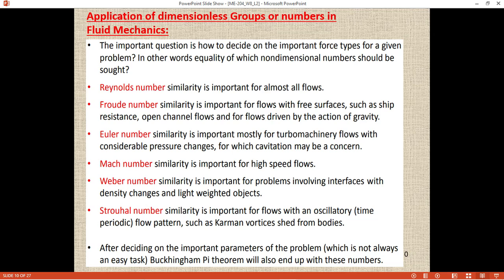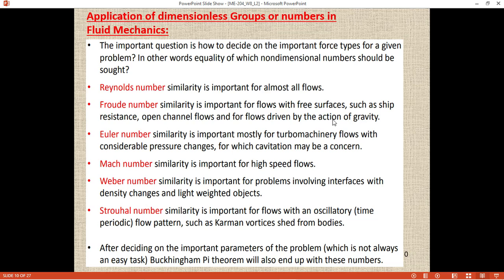In those areas the Reynolds number must be used. Froude number similarity is important for flows with free surfaces, such as ship resistance and open channel flows, and for flows driven by the action of gravity.